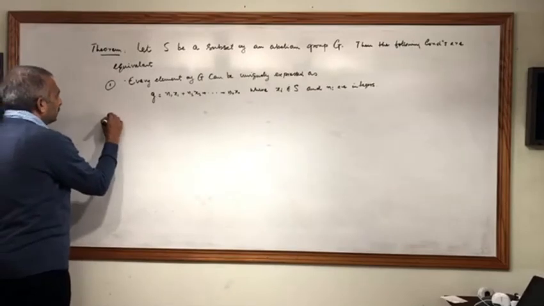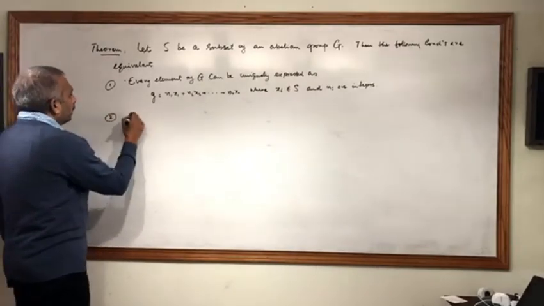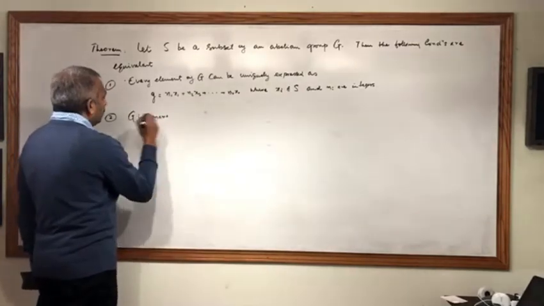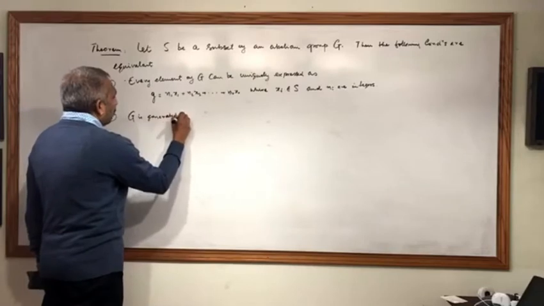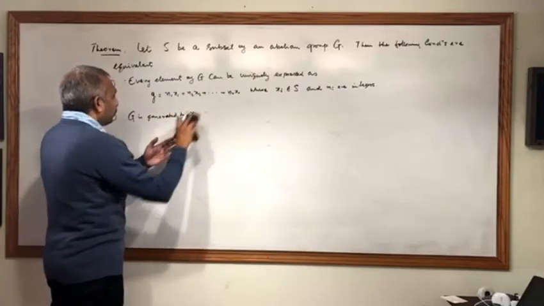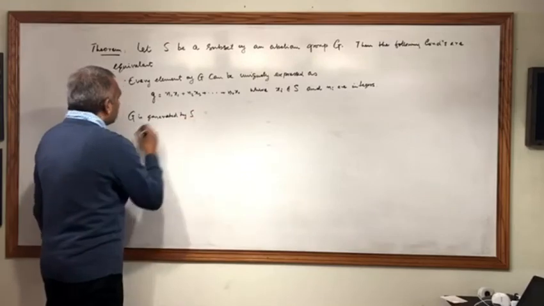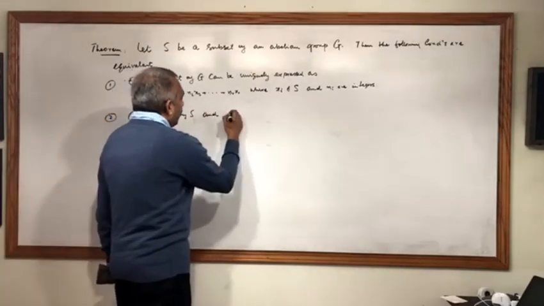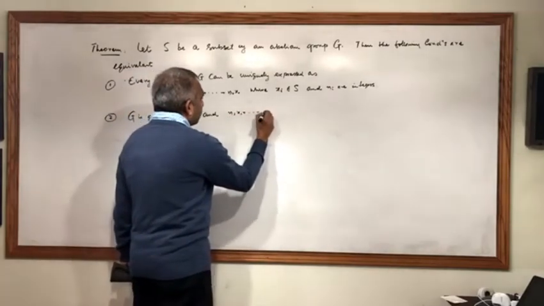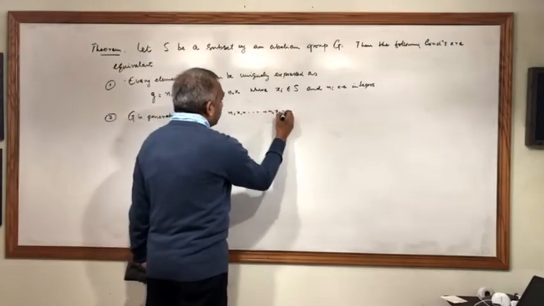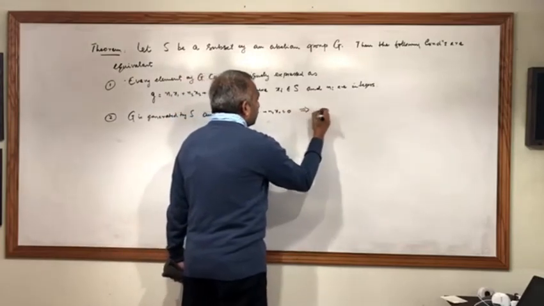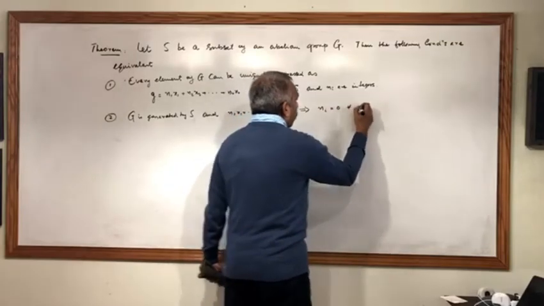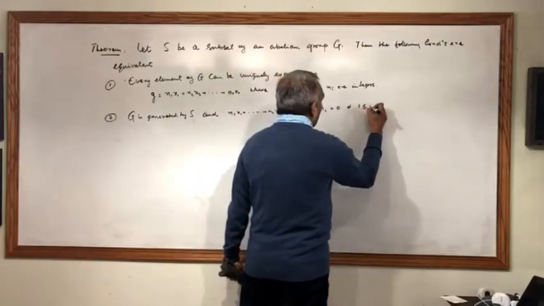The second condition is G is generated by S, or S generates G, and n1x1 plus ... plus nrxr is equal to 0 implies ni is equal to 0 for all 1 less than or equal to i less than or equal to r.